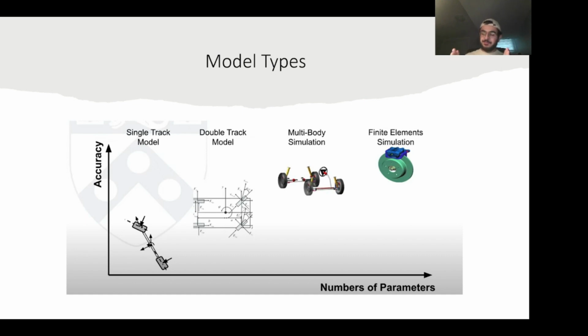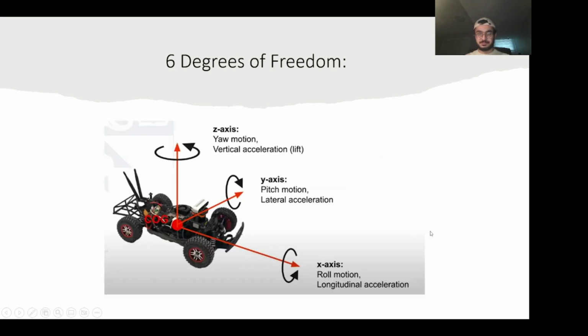What I mean by that is, suppose you want to implement something in the braking system in finite element simulation, for example brakes, you need to know brake size, diameter, every possible detail. So if you go from left to right, the number of parameters increases, accuracy also increases, but the difficulty to implement them also increases. Various angles and things come into consideration when you implement these types of models.